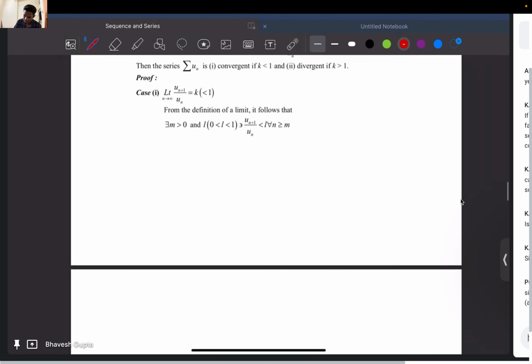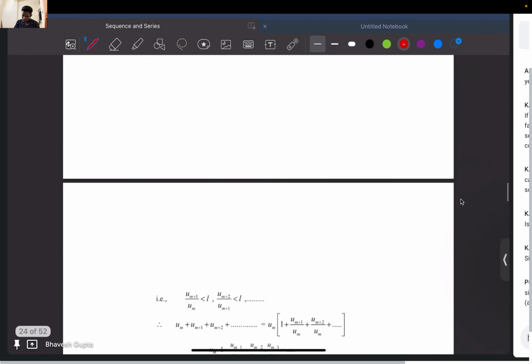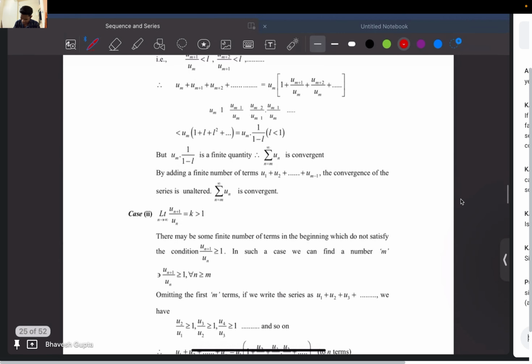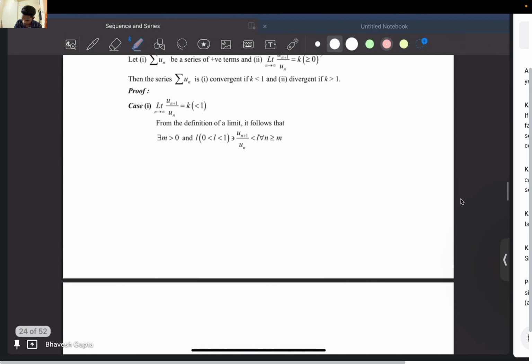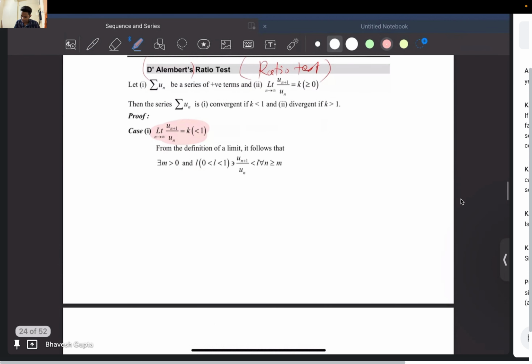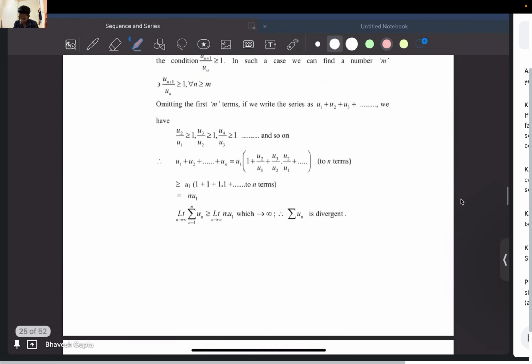He has used the idea of delta epsilon, neighborhood notation, and the definition of limits together, and figured out that yes, this works. First he proved it for convergence, then he proved it for divergence.